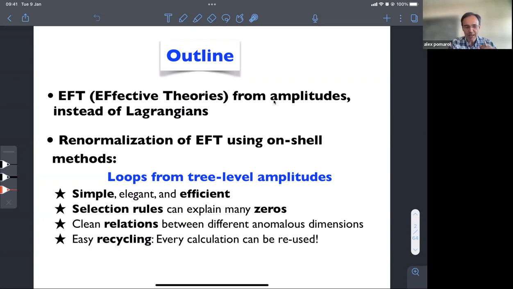You calculate the one-loop amplitude from the tree-level ones, and it goes on, always building on previous calculations.